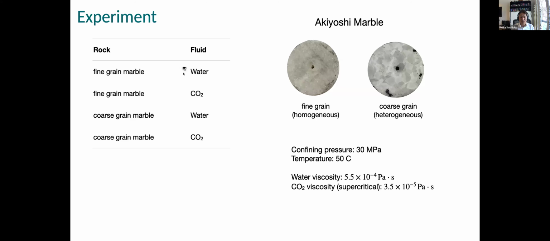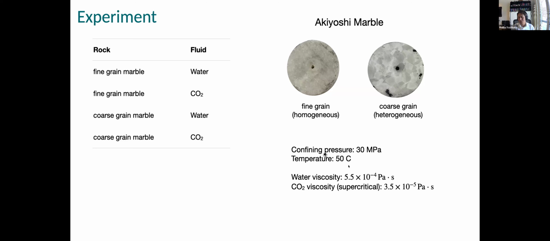For injection fluid, we chose water and CO2. The experimental conditions are not high temperature. The temperature is only 50 degrees C, and we apply a confining pressure of 30 megapascal. But this is enough for CO2 to become supercritical.